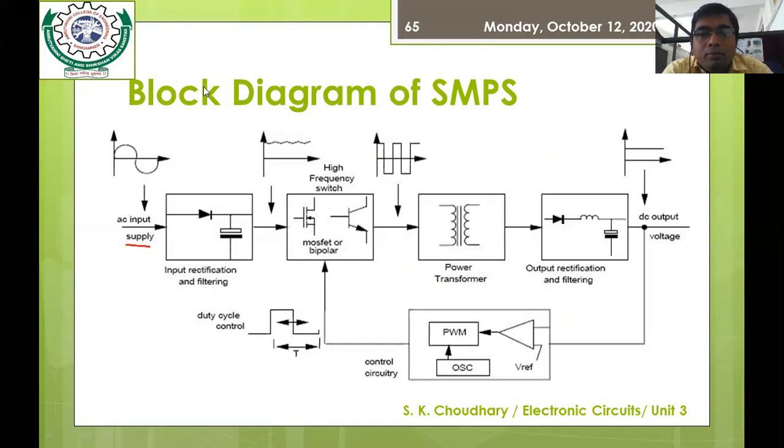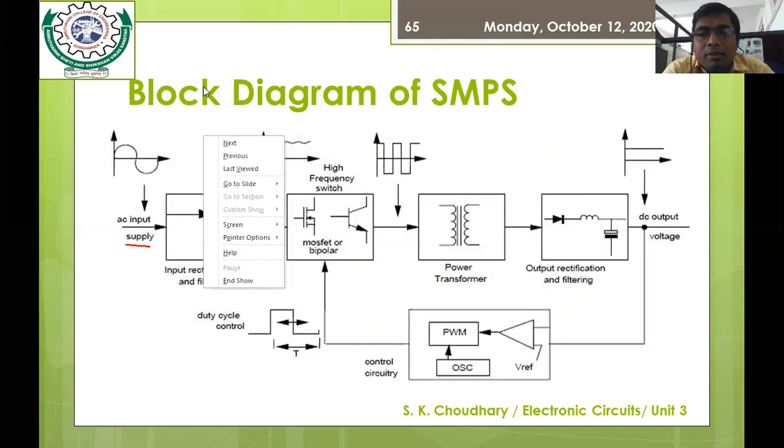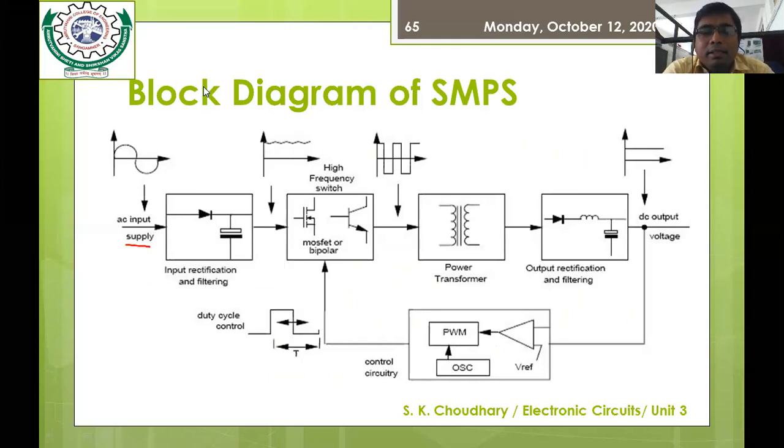I hope you have understood the function. It is very straightforward and simple. For explanation of this, it is very important that every one of you knows the function of the discrete components. That means what is the role of the rectifier, how the capacitor acts as a filter, what is the function of the transistor as a switch. If you are using a BJT, then it would work in the saturation region to work as a switch. If you are using a MOSFET, it would work in the non-saturation region to work as a switch.